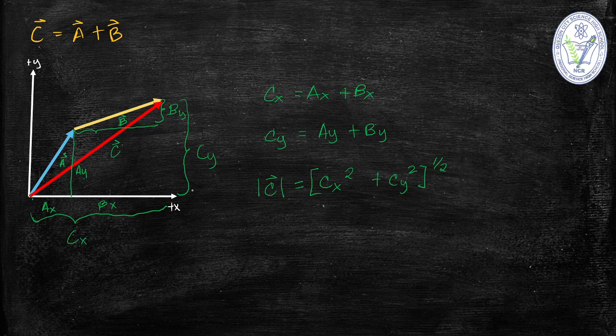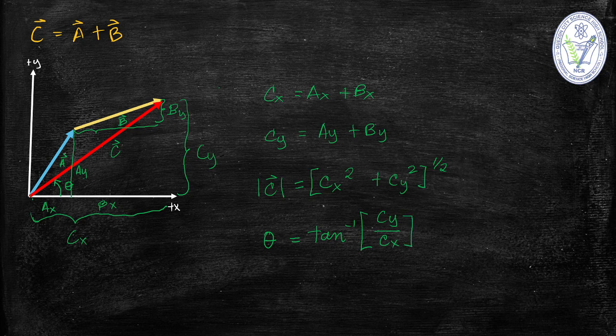Now, how can we obtain the direction? To obtain the direction, we can say that the direction would be this, theta. So, in that sense, theta is equivalent to, the most appropriate would be tangent, so inverse tangent or arctangent of cy all over cx.